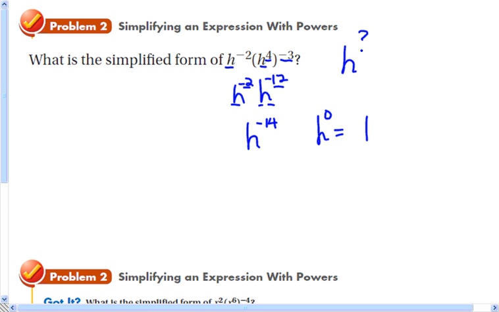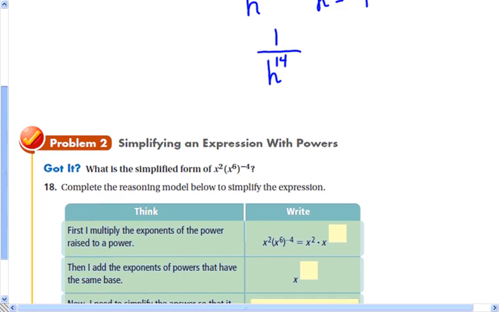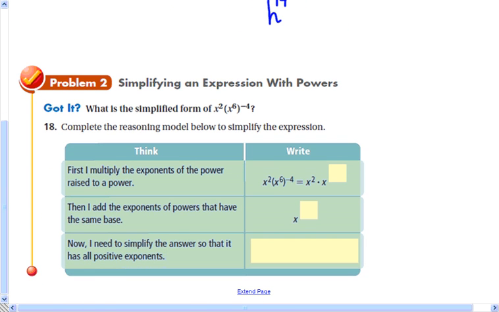So if I start at 1, negative 14 means I'm going to be dividing by the base h 14 times. And I can represent it like that. And that would be considered simplified because it has a positive power there. All right, go ahead, you try it. See if you can get the right answers here.